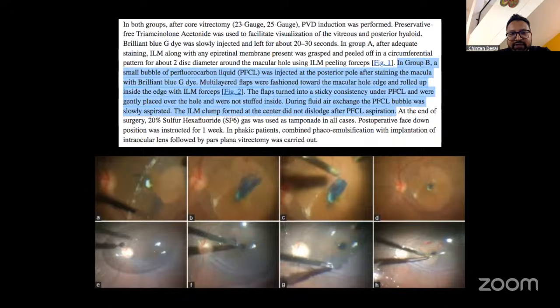But when PFCL was used, they noticed that the consistency of the flaps changed a lot after coming in contact with it. The flaps became more pliable and sticky, much easier to maneuver, and they stayed in place in spite of FAX and everything you do later.